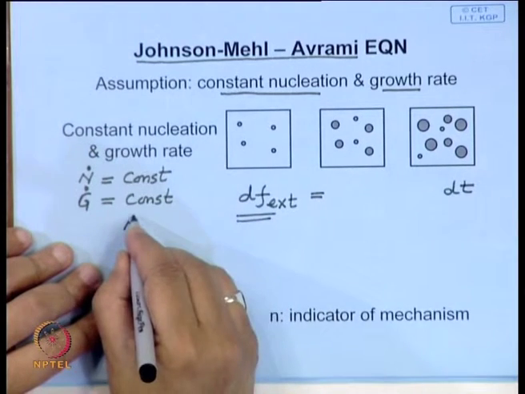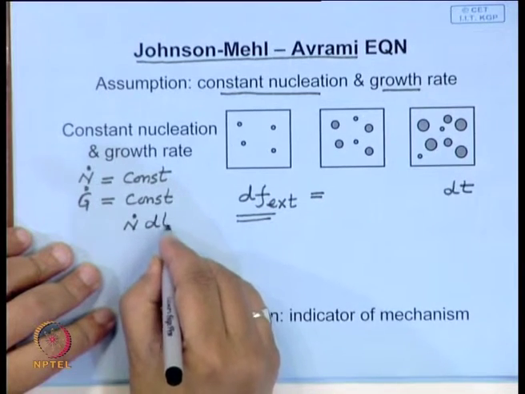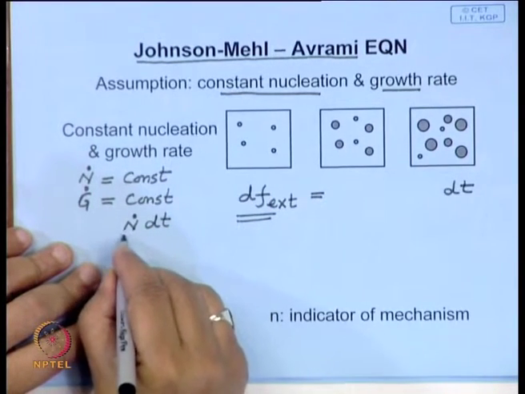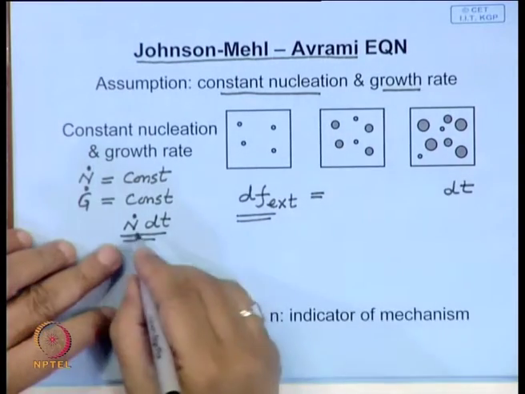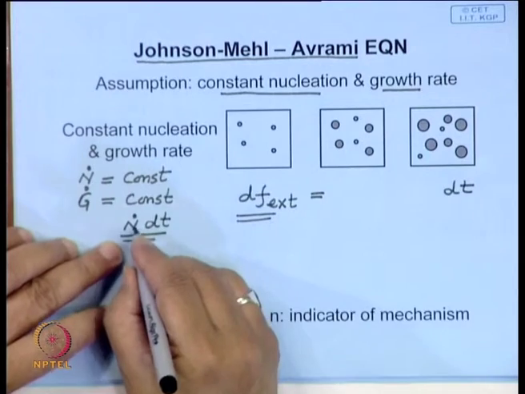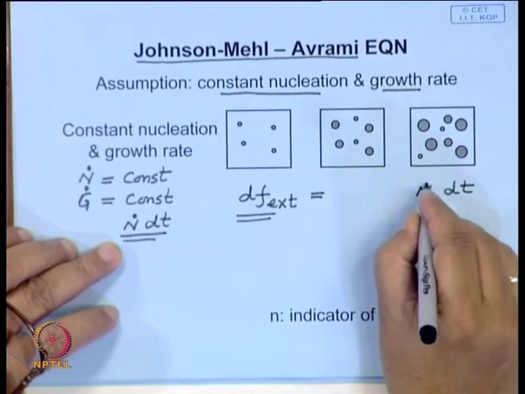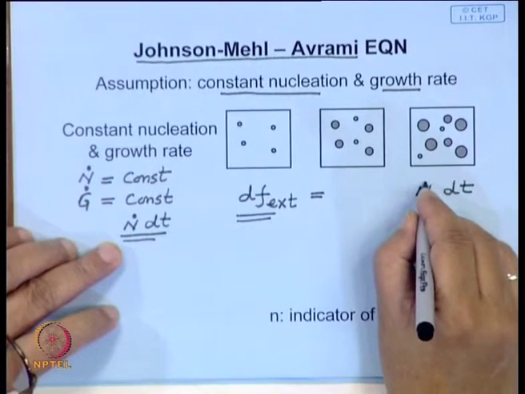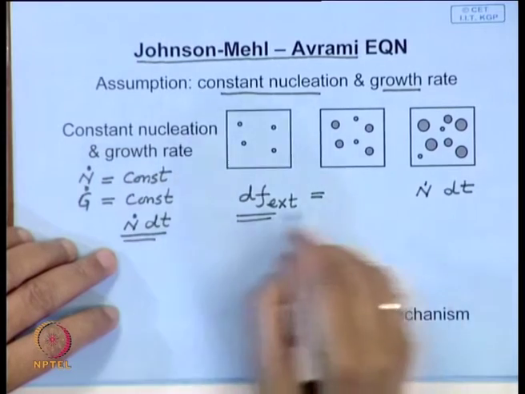Here there is a nucleation which is taking place, we can say n dot dt is the nucleation rate. Up to a certain time, this has been following this nucleation kinetics.